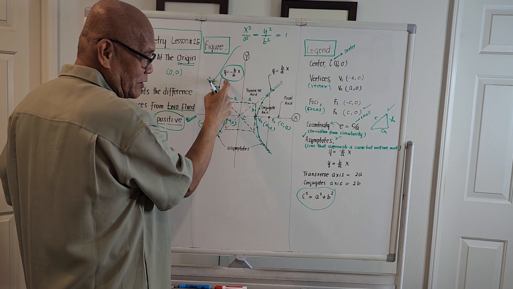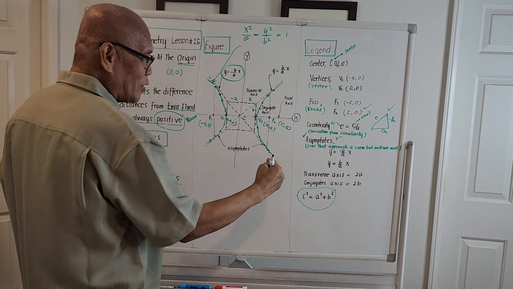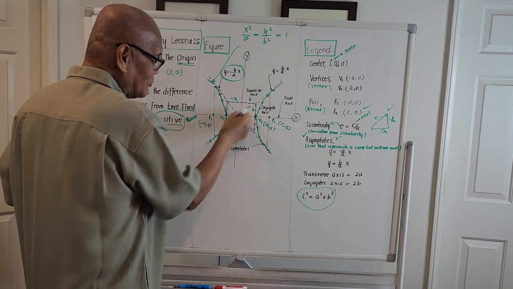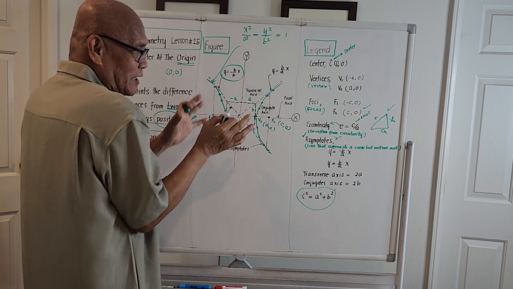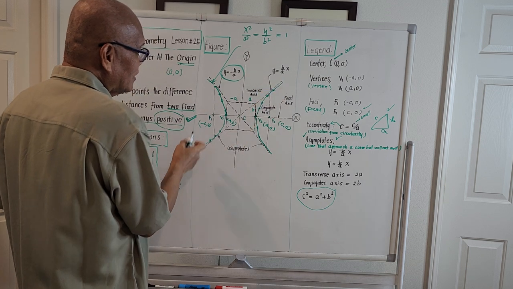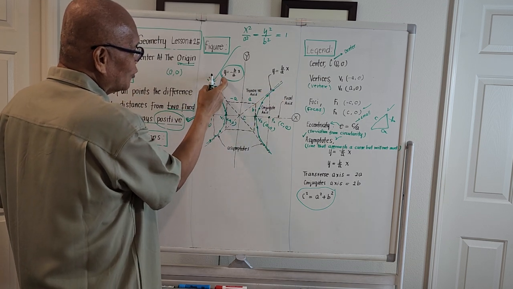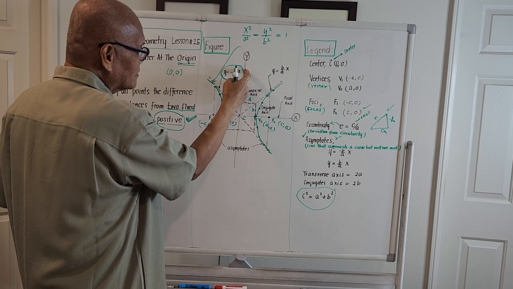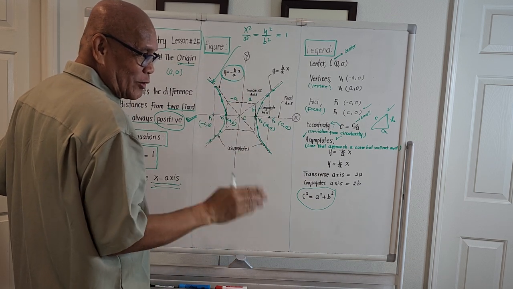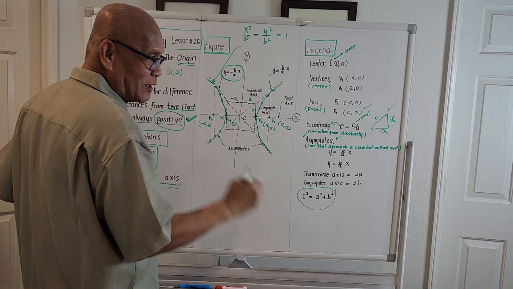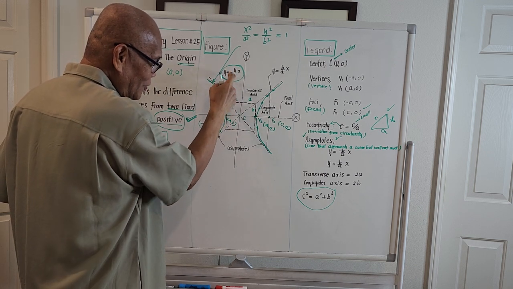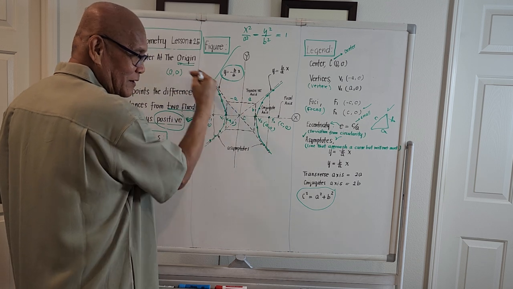Like what I said, there are two asymptotes. The equation of the first one is y equals negative b over a times x. It is a straight line going upwards to the left, with a negative slope. So the slope of this one is negative b over a.